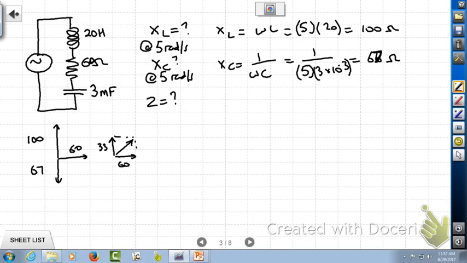So I'm going to say Z is equal to the square root of 33 squared plus 60 squared, which equals 33 squared plus 60 squared equals that. Second, square root, second answer, 68. I'm getting 68. I'm dyslexic as I go on.